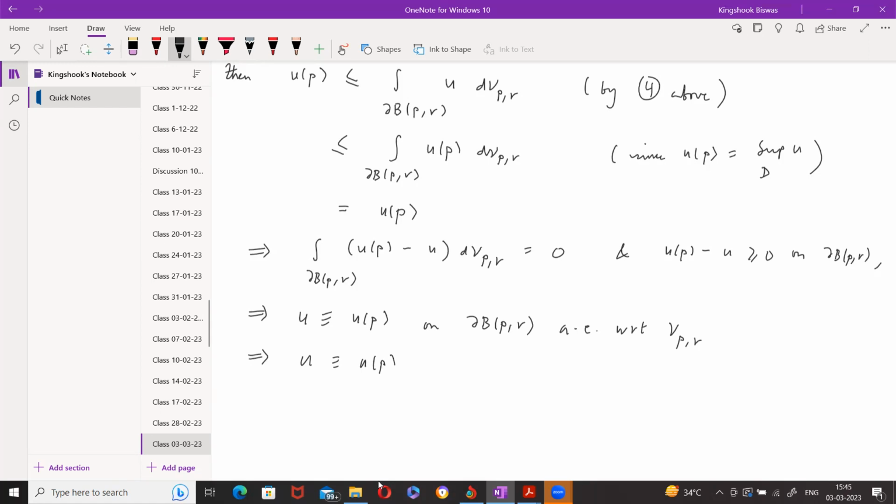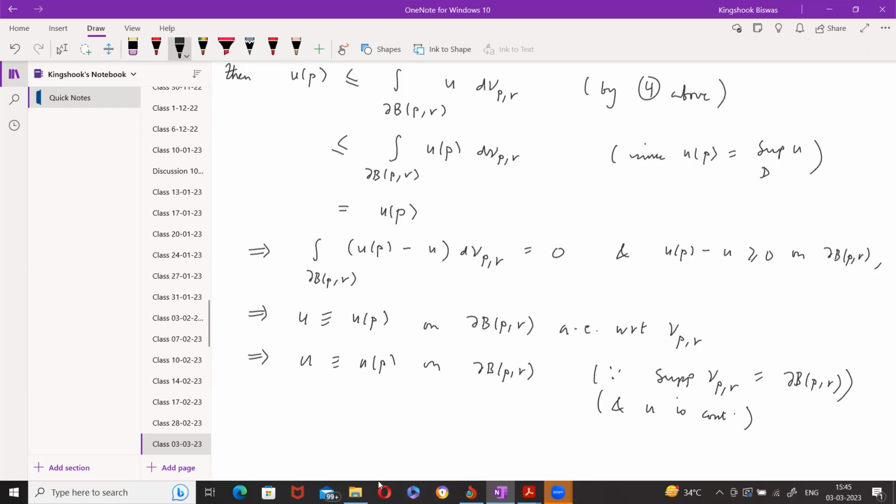This is a fact which I won't prove: the support of this measure nu P R is actually equal to the full boundary B P R. And U is a continuous function, so if it's 0 almost everywhere and this measure has full support, then it has to be 0 everywhere.